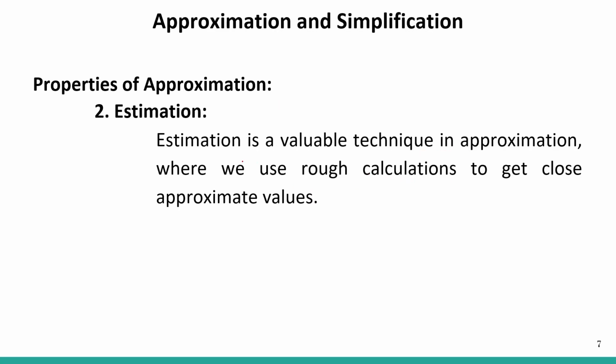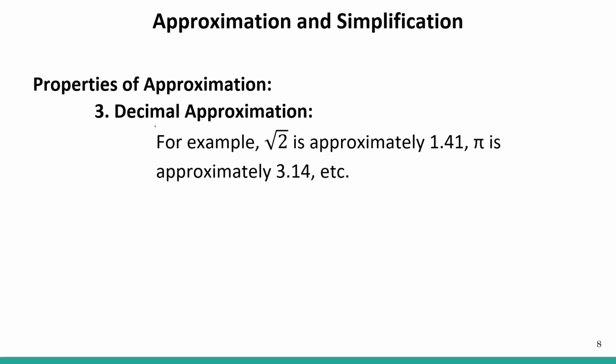Estimation is a valuable technique where we use rough calculations to get close approximate values. And for decimal approximation, for example, root 2 is approximately 1.41, pi is approximately 3.14, etc.